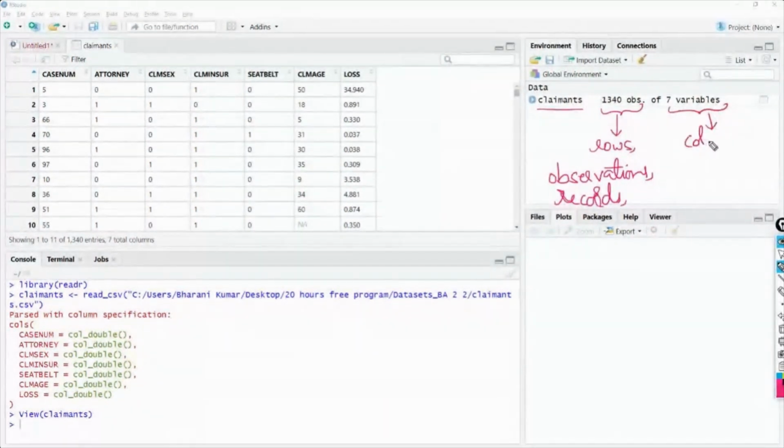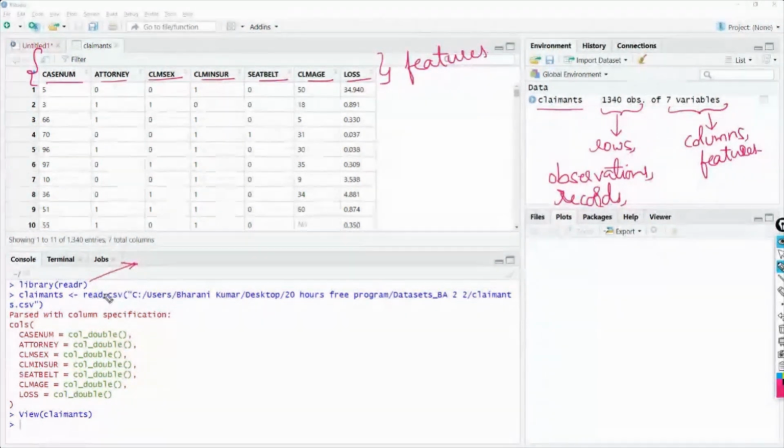And you have 7 variables, which are also called columns or features. If someone asks how many features you have, you say you have 1, 2, 3, 4, 5, 6, 7 features. You have 7 features.